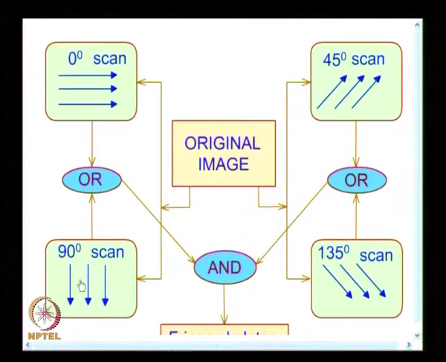I take the 0-degree and 90-degree scans and do an OR operation between the two, and I take the 45-degree and 135-degree scans and do an OR operation between the two. Now, I do the logical AND of these two results. So, 2 OR operations and 1 AND operation provide you the fringe skeleton free of noise. This is only a statement. This statement has to be verified from actual processing of the fringes, that we will see.